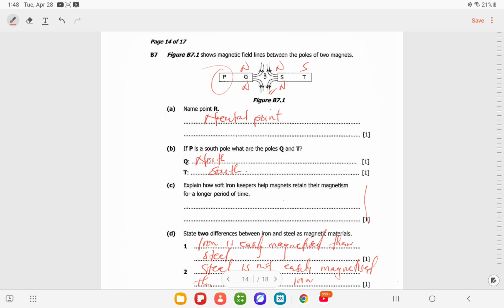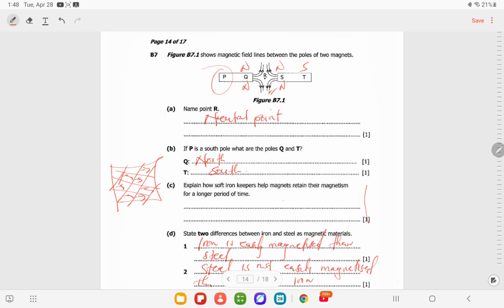Also, in terms of domain theory, we're talking about how the atoms are arranged in the structure of iron. If we have a structure like this for iron, it has the particles, these atoms, which are aligned like this.